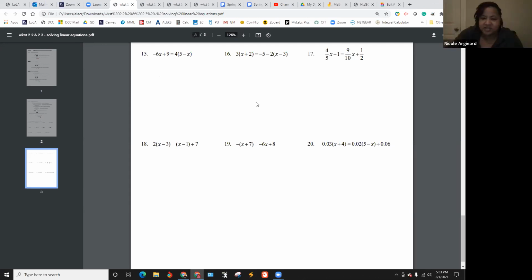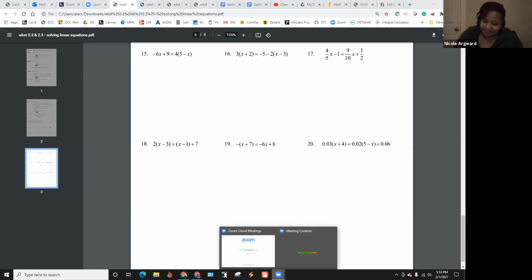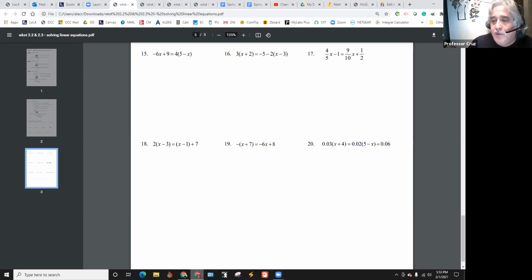I messed up. I changed the sign. Yeah, well, that's really easy to do. So I figured that's probably what it was. Okay, I got x equals negative 11 over 2. All right, that sounds good. Anybody else got one? Sounds similar?